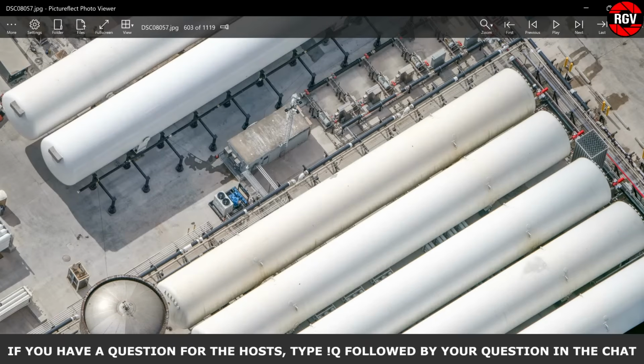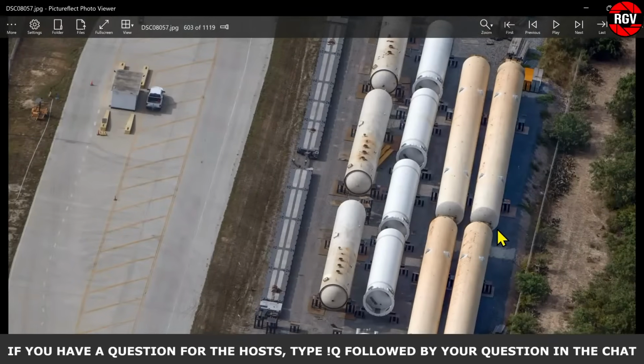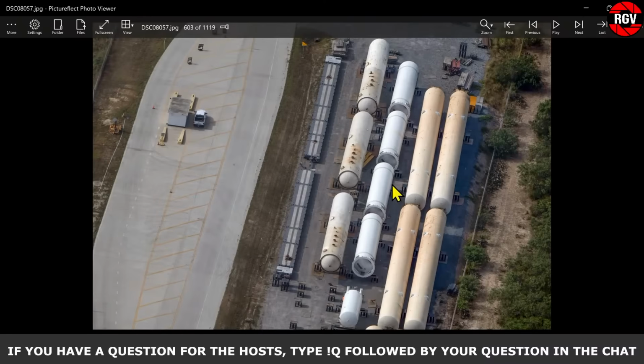Yep. But this is what we were talking about. All these tanks here. These should be the new deluge and other tanks, meaning for nitrogen storage, like the FireX and DSS tanks.